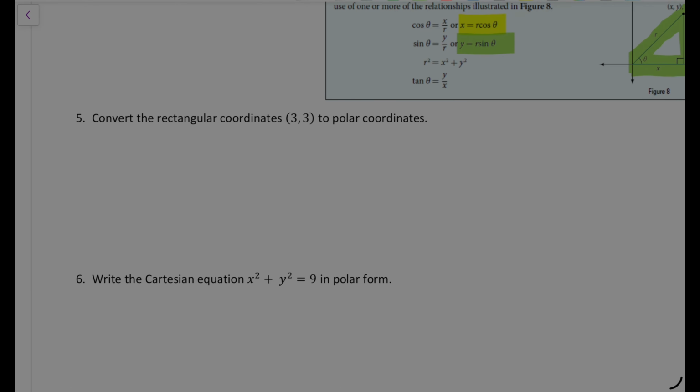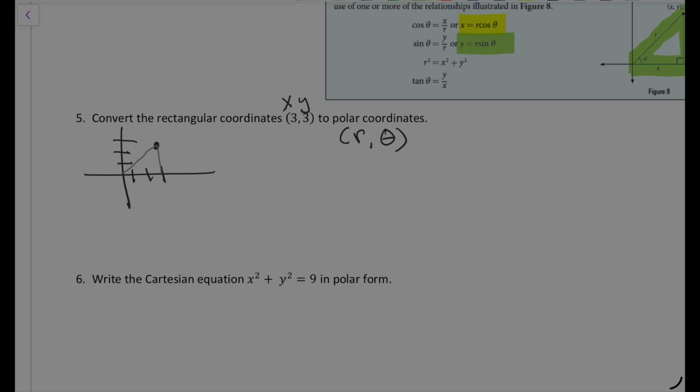We are given the rectangular coordinates x, y, and we want to convert them to polar, which are r, theta. So to get a visual here, 1, 2, 3, 1, 2, 3, this is our coordinate point in terms of x, y, okay? So if I wanted, let's just go very lightly here.